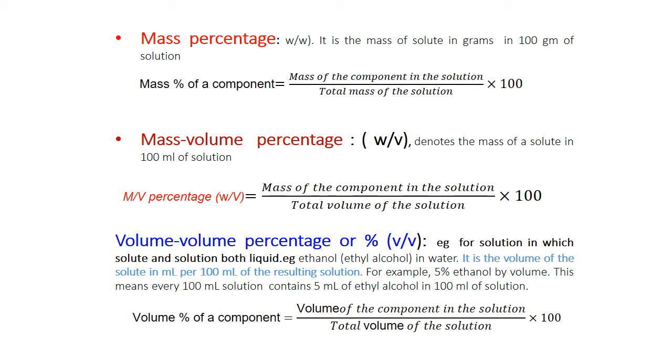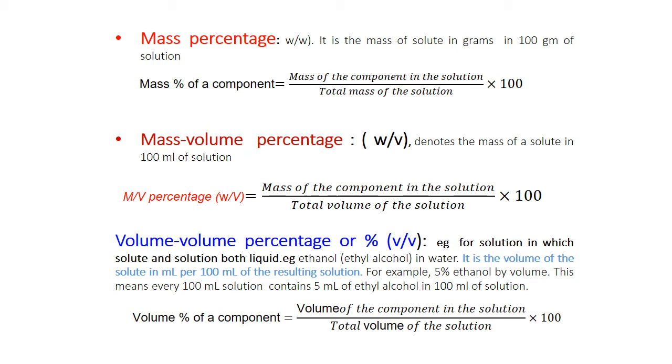Mass by volume percentage. It denotes the mass of the solute in 100 ml of the solution. It means the solution is in liquid state but the solute is in solid state. Solid or liquid, but it is taken by mass.